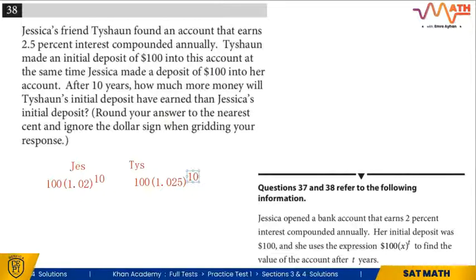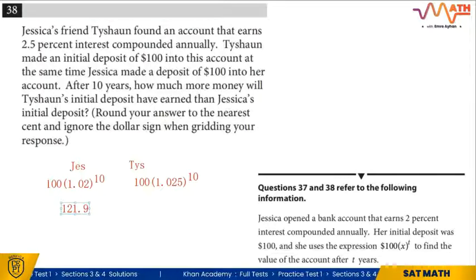Here it is 100 times 1.02 to the power 10. It is approximately $121.9.